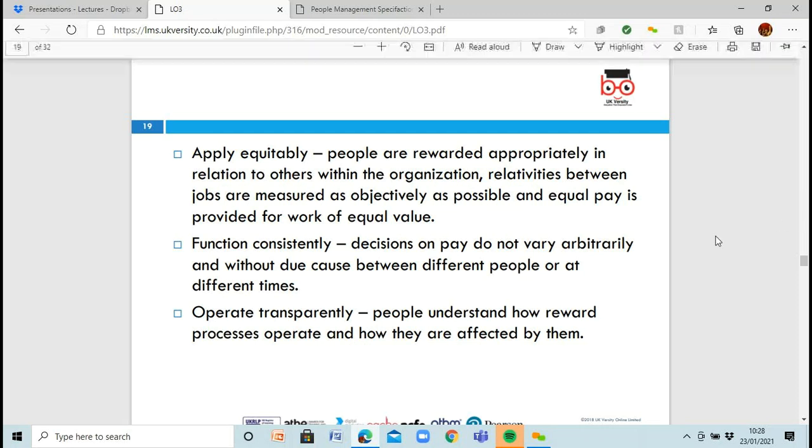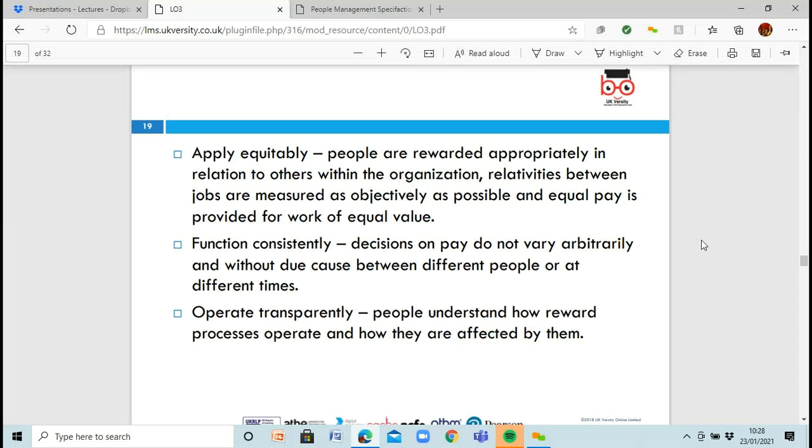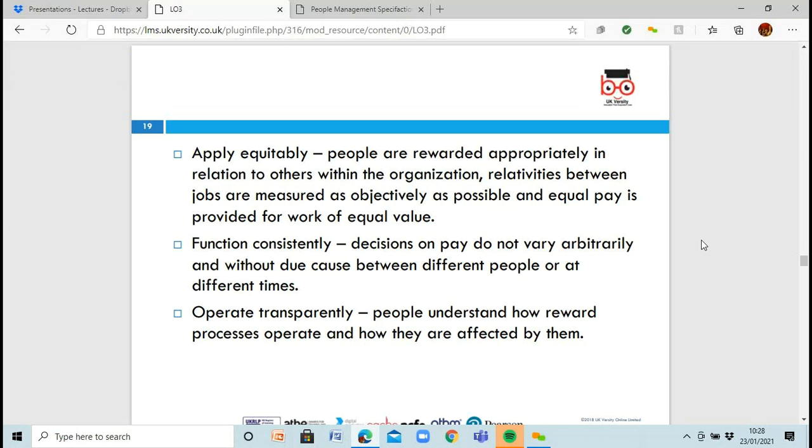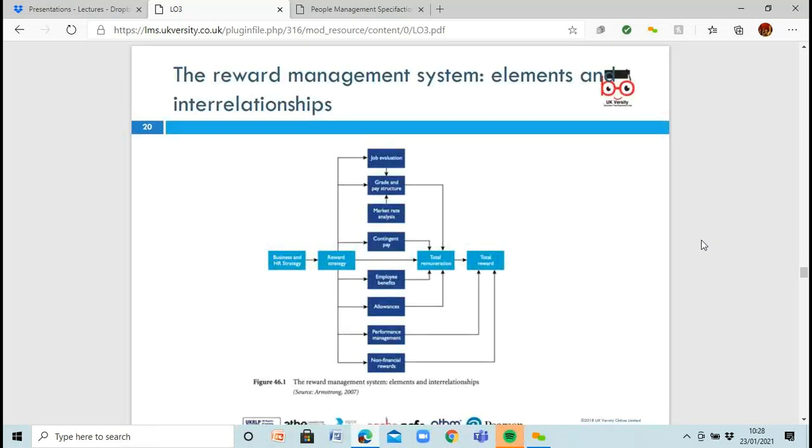Function consistently, so decisions on pay do not vary arbitrarily and without due cause. So you need to be consistent with what you're doing. Operate transparently so people understand how reward processes operate and how they're affected by them. So they know exactly how to get towards those rewards and what the best way is to do it.